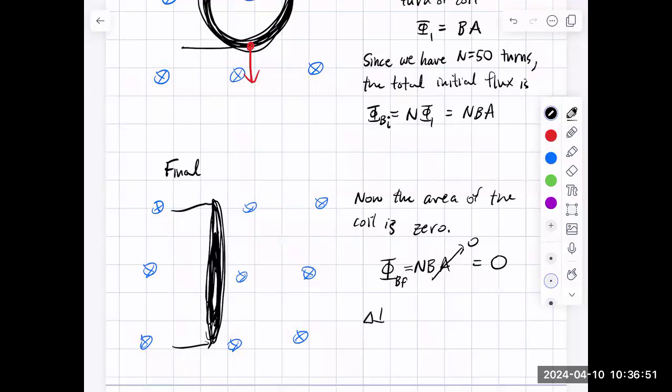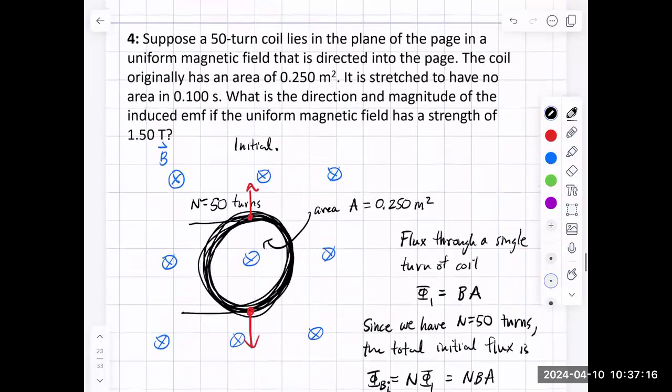So the change in magnetic flux is going to be the final flux minus the initial, which is just going to be 0 minus NBA, or minus NBA. Okay, so that's the change in magnetic flux.